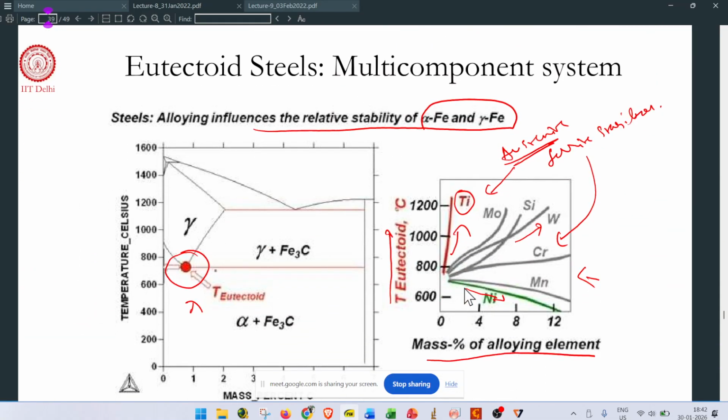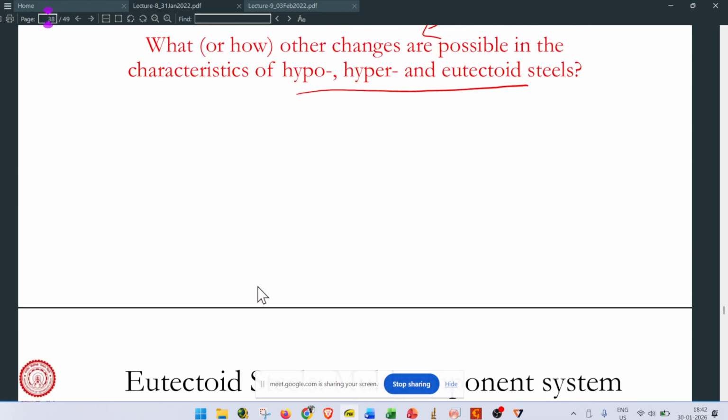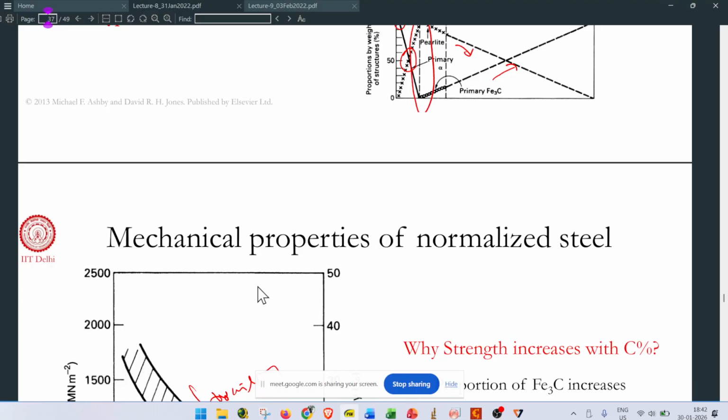So this is how the phase changes in steels with increasing carbon percentage.